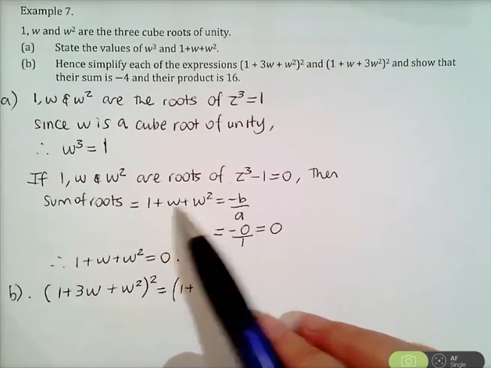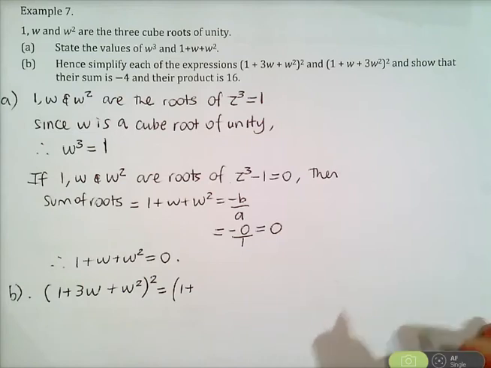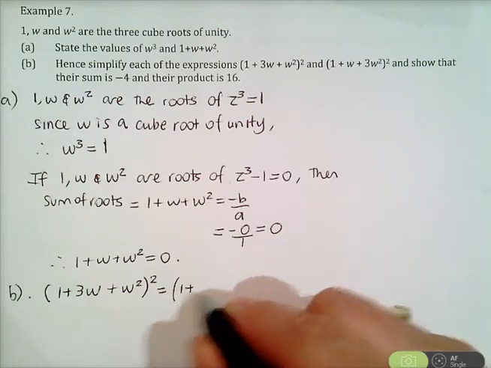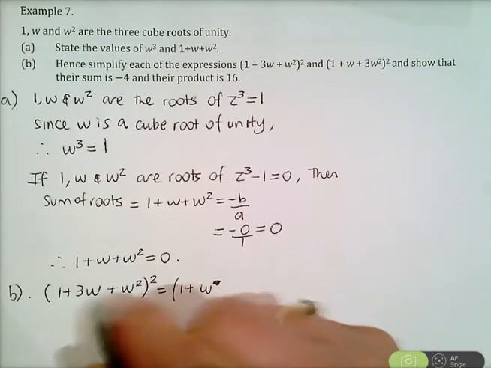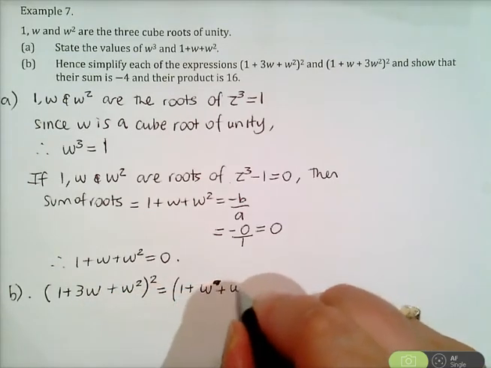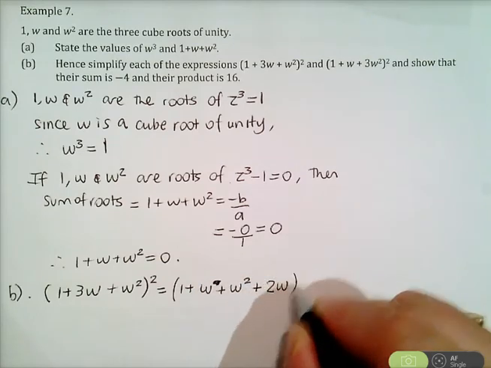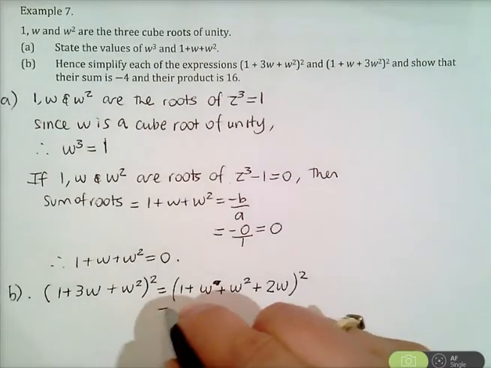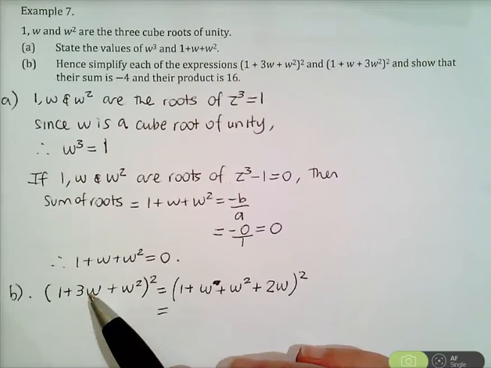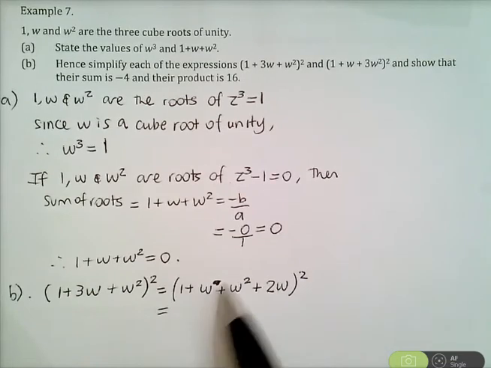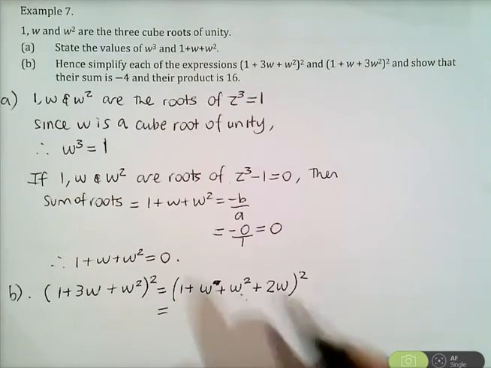We know that 1 plus w plus w squared is 0, so it would be the same as 1 plus w plus w squared plus another 2w, okay? The reason I'm writing it like that, this is still the same: 1 plus w plus 2w is 3w, and we've got the w squared there. The reason I'm writing it like this is that we know that 1 plus w plus w squared is 0.